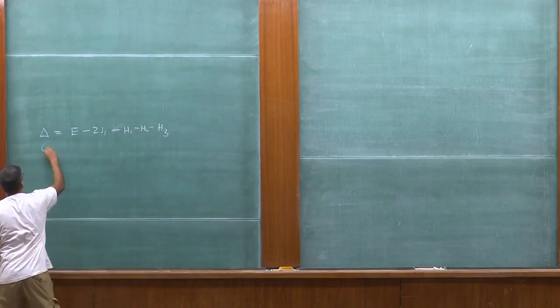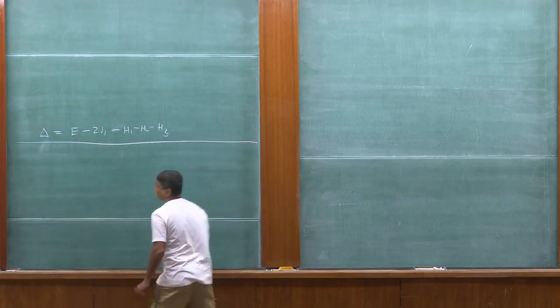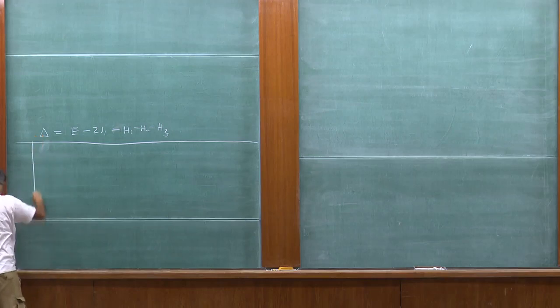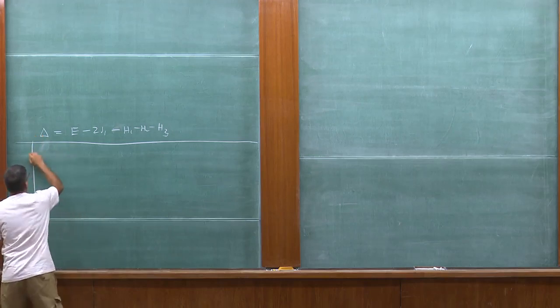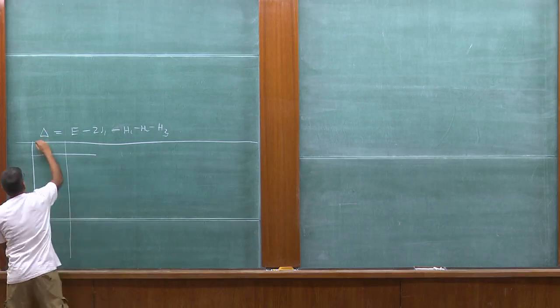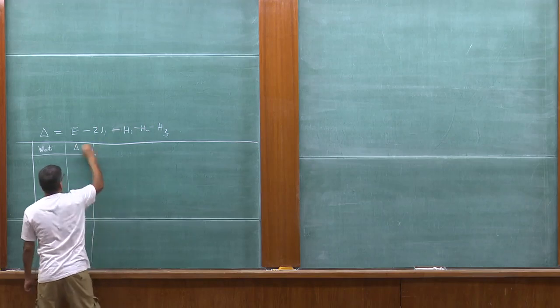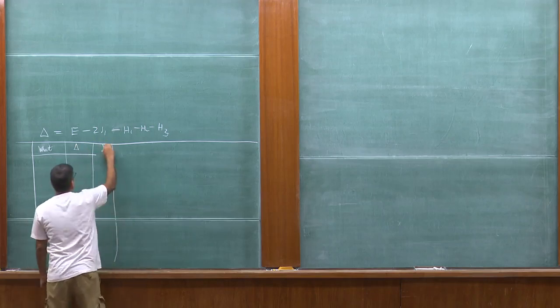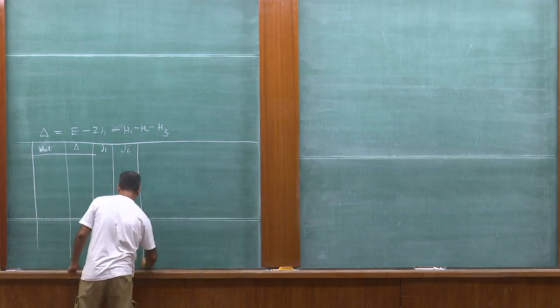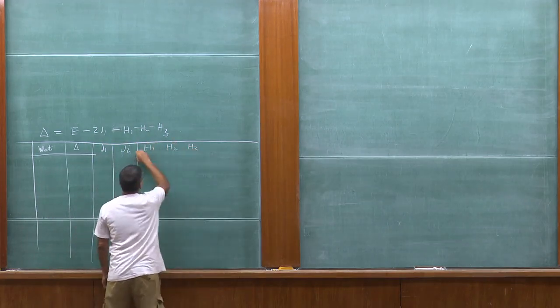And we had this table with charges. And here we listed the field, and here we listed delta, J1, J2, H1, H2, H3.